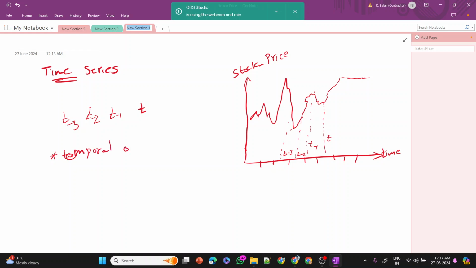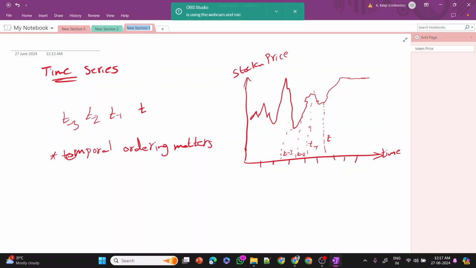For this time series data, temporal ordering matters. So we order the time period in an increasing form. There is an order present here, and we split each time zone.